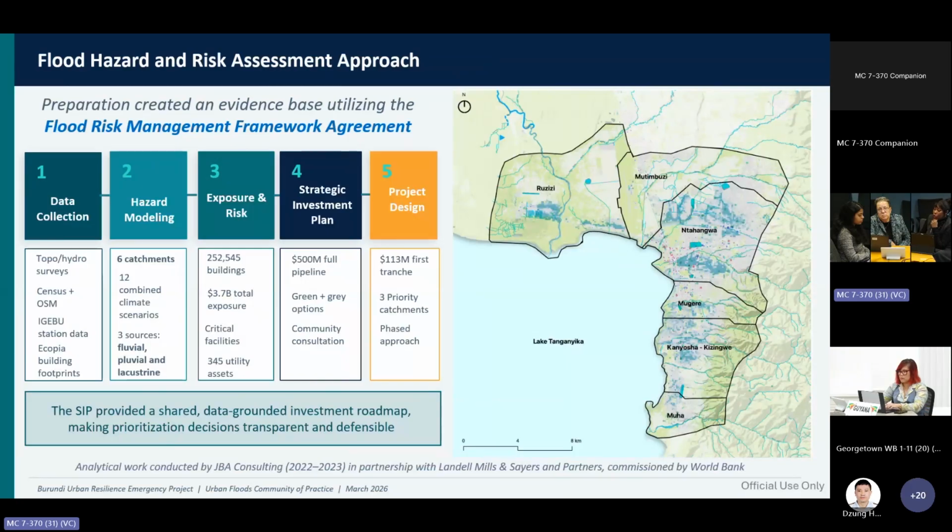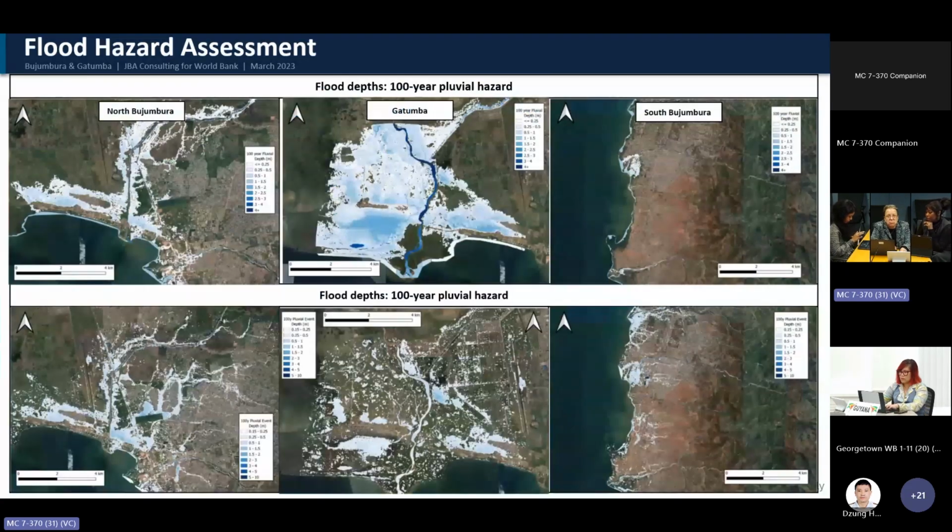As I mentioned earlier, it also took a catchment-based approach. So we're looking at the system along hydrological units and not administrative boundaries. And the modeling explicitly captured both the fluvial, as well as lake flooding across multiple climate scenarios. So by the end of the preparation process, what we had for the first time was a citywide risk-based understanding of flooding that could inform investment decisions.